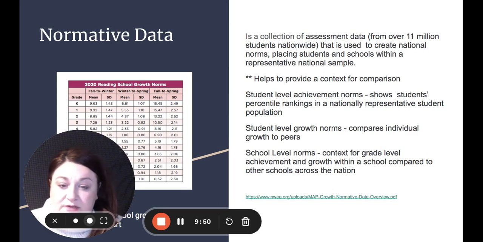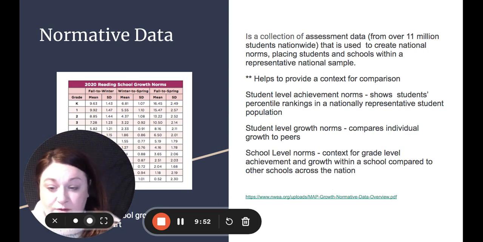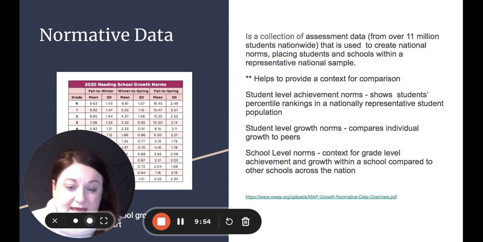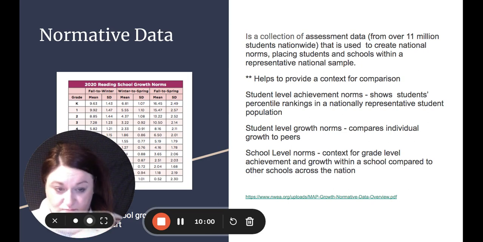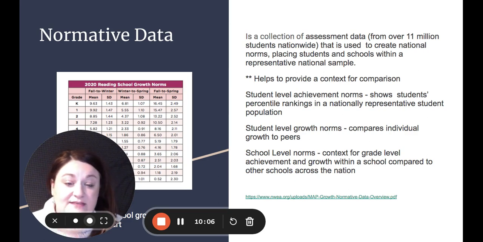So we do have 3 different types of normative data that we will be referencing. That is student level achievement norms. This shows their percentile rankings in a nationally representative student population. We use student level growth norms. This compares individuals' growth to their peers.